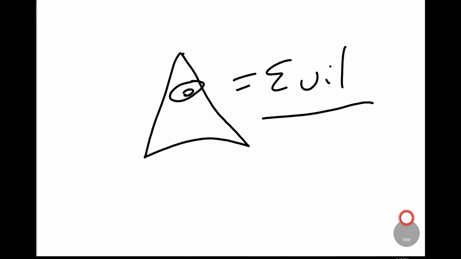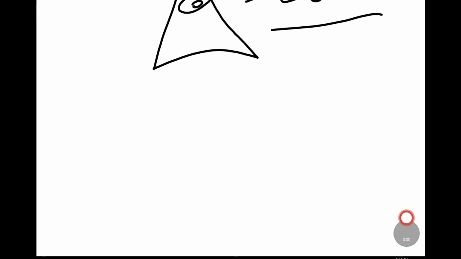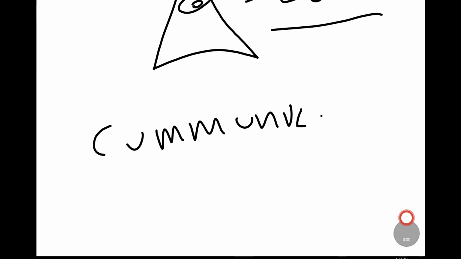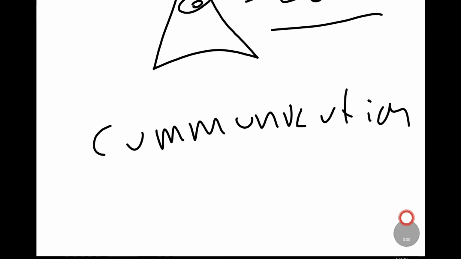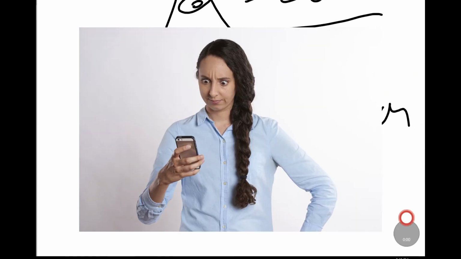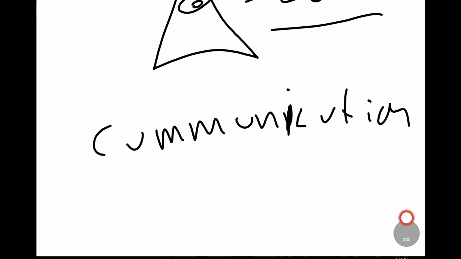There's no such thing as an evil symbol. A symbol is communication.